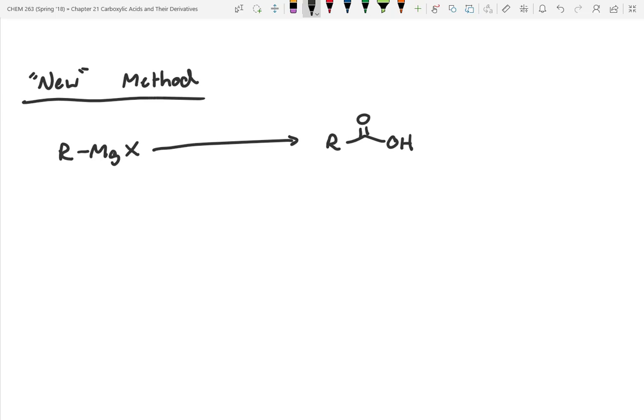If you look at what we're adding in, we're adding a carbon and 2 oxygens. So all you really need to do is huck in some dry ice, CO2. And then when the reaction's all done, to ensure that it's protonated, treat it with strong acid. So it's a really simple transformation that can be done with dry ice in a lab with the Grignard reagent.